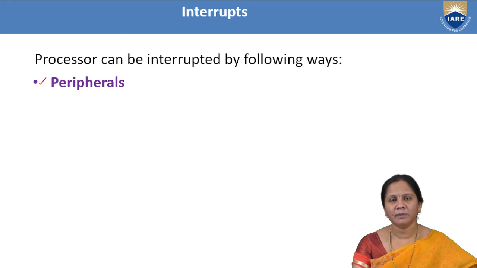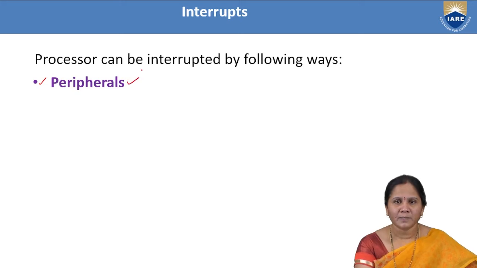That means the interrupt coming through the NMI signal is independent of the interrupt flag. Whether it is set or not, an interrupt coming through the NMI pin will be accepted. Such interrupts may be generated because of peripheral devices.